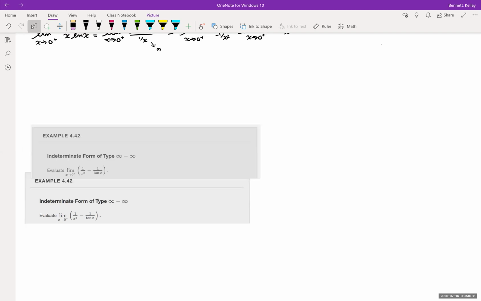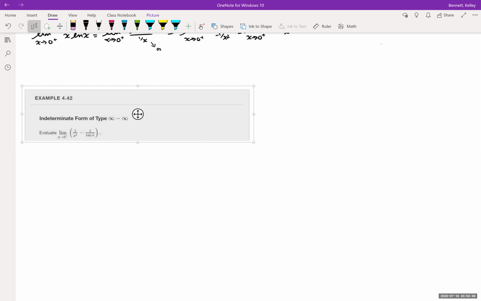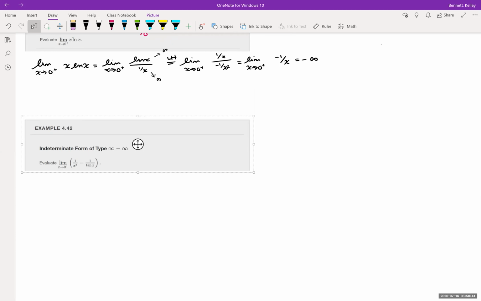Okay, infinity minus infinity is probably the second most challenging one. And by challenging, I mean fun. So the idea is to find a common denominator and just combine the fractions. So the way that we'll do that is find the common denominator of x squared and tangent of x.